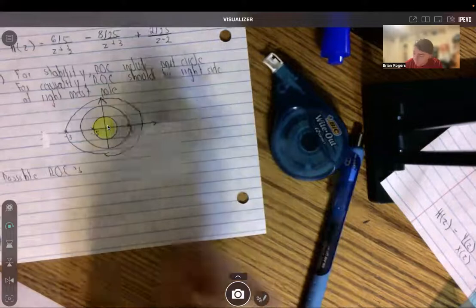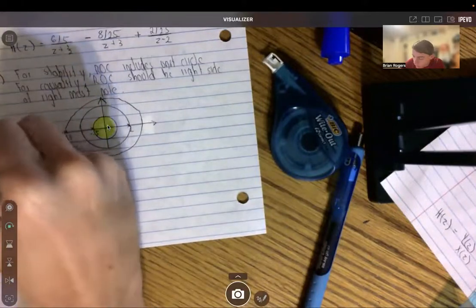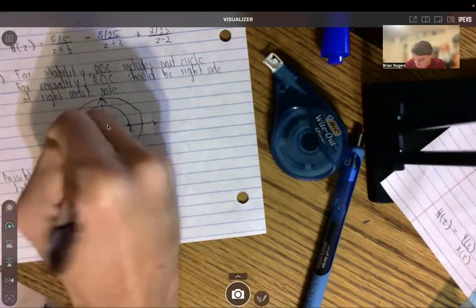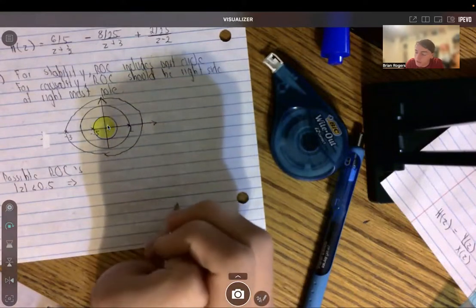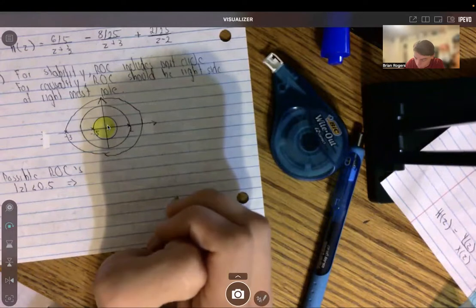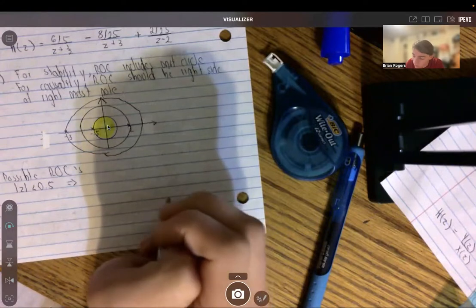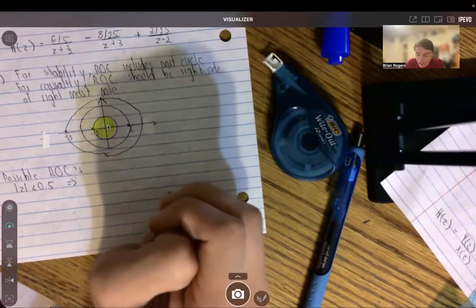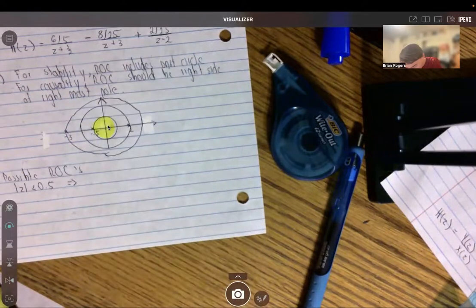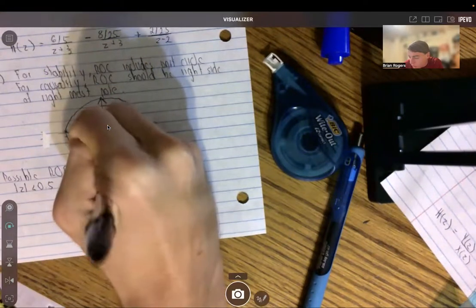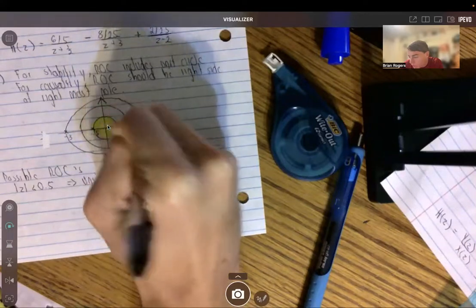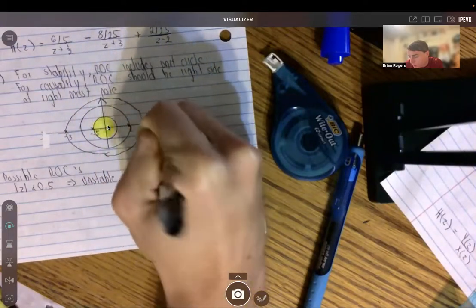So that would be |z| less than 0.5, which is the interior of a circle. So it would be anti-causal. That one would not include the unit circle, so it would be unstable. It's unstable and anti-causal because it's the interior of a circle.